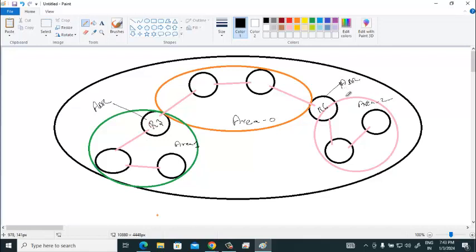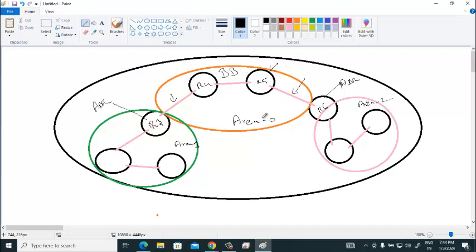Now these routers R4 and R5 are called backbone routers because they are inside the backbone area. This link is not connected in area 1. It is connected in area 0 only. This is also in area 0. So this router cannot be called an ABR.